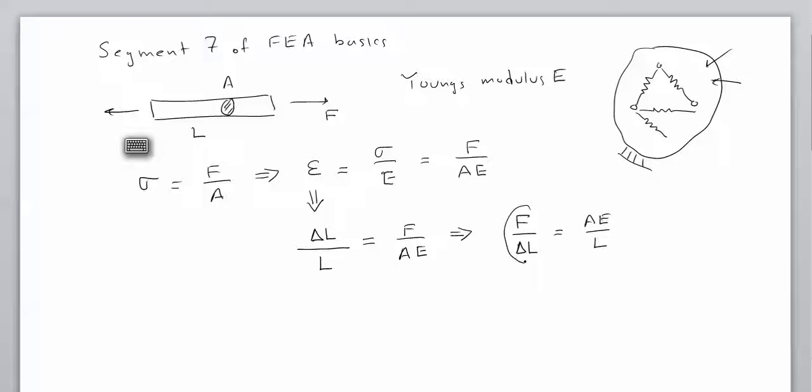And what is this thing? This is force over displacement. And force over displacement is exactly what we mean by stiffness. This is stiffness.